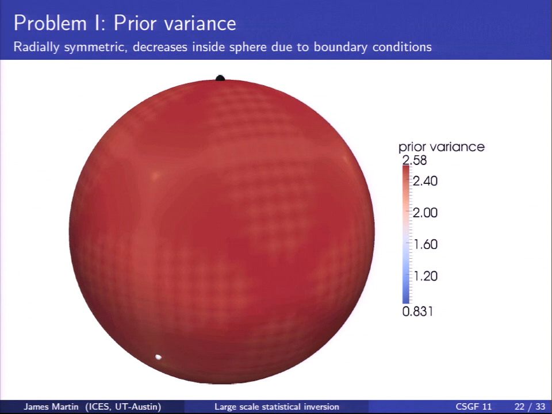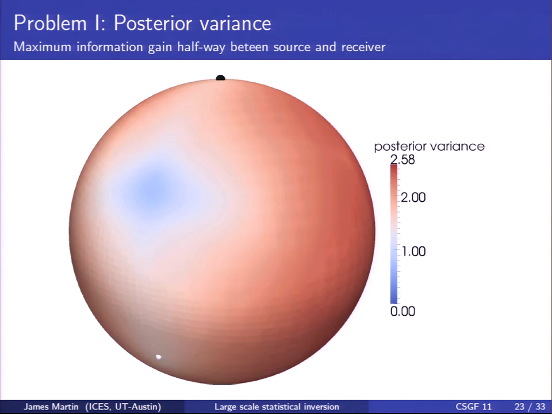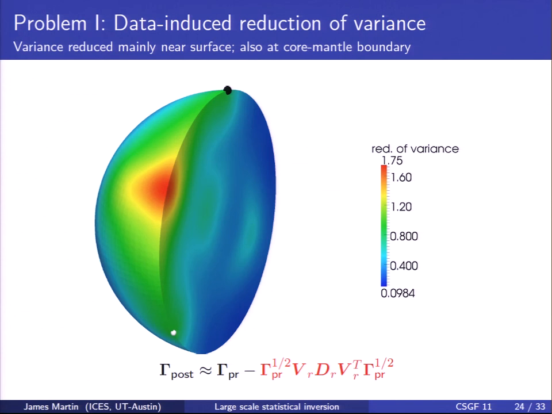So, okay. In the first case scenario, the single source, single receiver, if we visualize the prior posterior operator and this reduction of variance term, so I'm only visualizing what we've learned now from the data misfit operator. You can see we learn the most in the area right between the source and receiver, but it's also kind of interesting that we learn a little bit on the back side of the core mantle boundary.